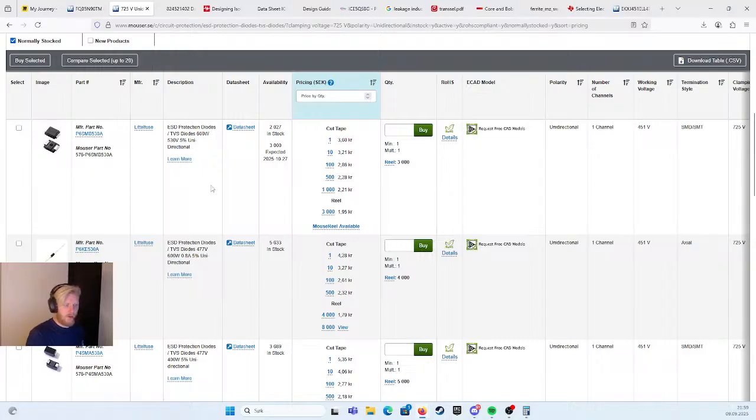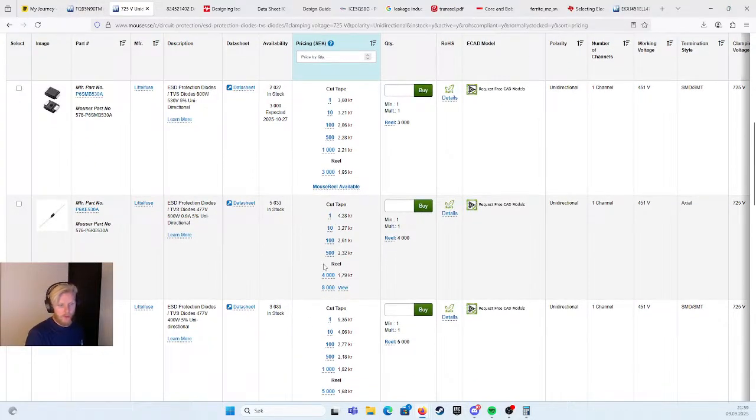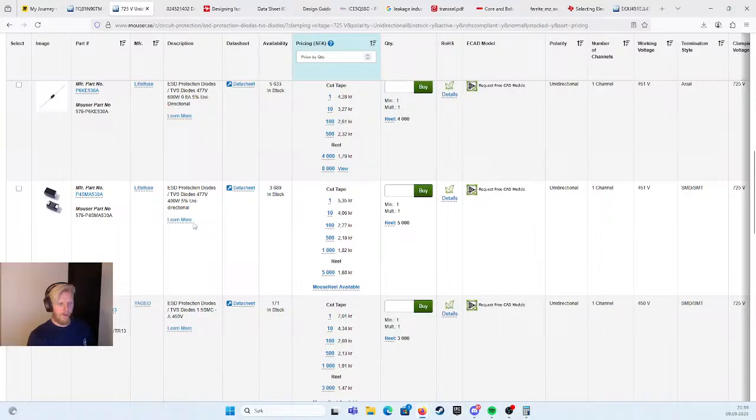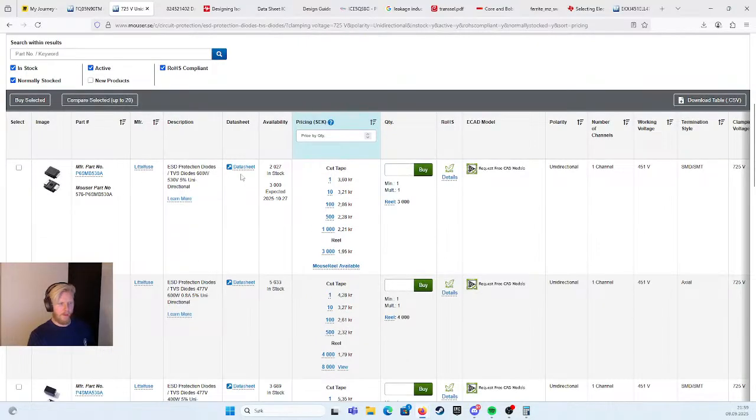Should I stick with surface mount, or I think I have selected some through-hole as well. We will change that out if we have to. Unidirectional, correct. 477. In stock. More expected.